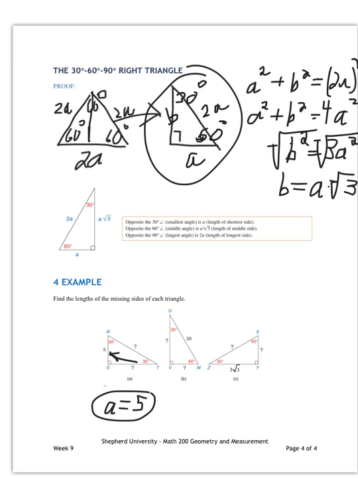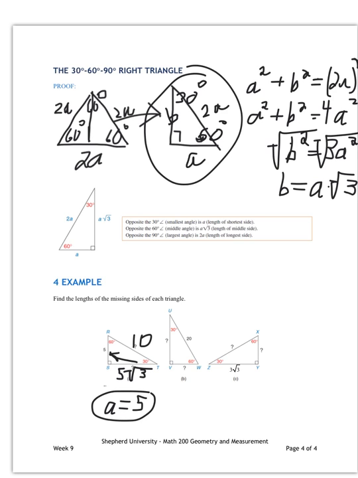These are probably the easiest of all the different types that we're going to do. If we know A is 5, then the hypotenuse doubles this, or 10, and across from the 60-degree angle, just put a root 3 with it. 5 root 3. So doubled on the hypotenuse, a root 3 with it across from the 60-degree angle.